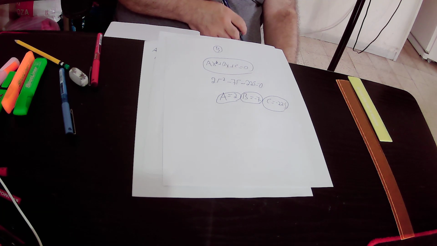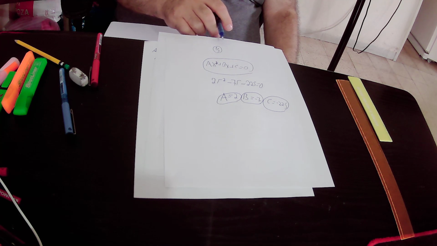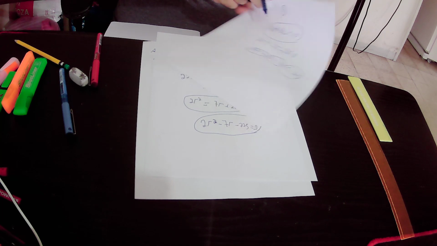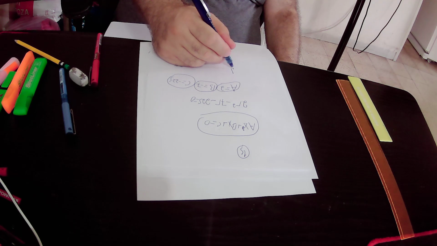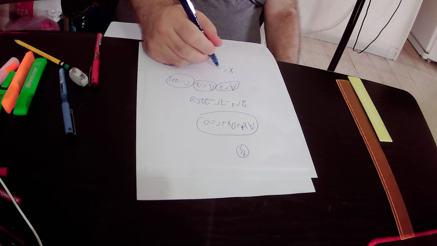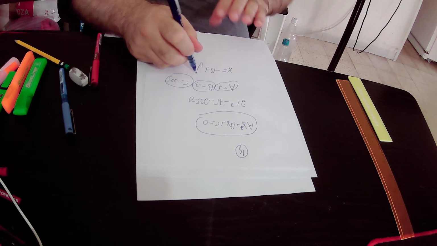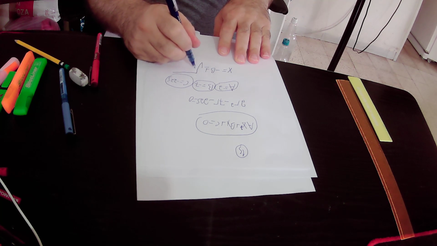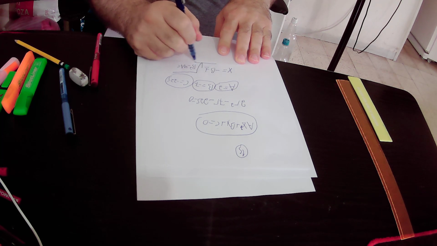For the general quadratic equation, we want to find the value of x. We have a special formula to find it: x equals minus b plus minus root of b squared minus 4 times a times c, over 2a.